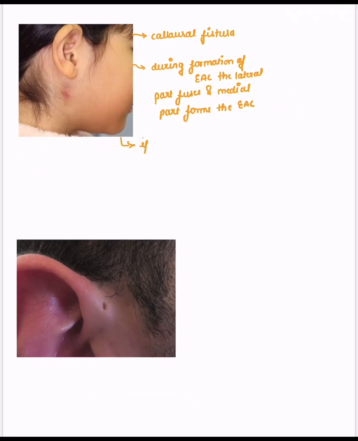If the lateral part fails to fuse, we can see a fistula near the neck known as first cleft fistula.